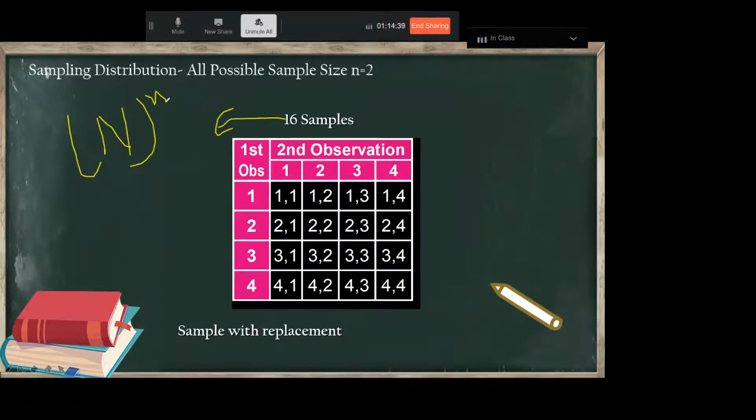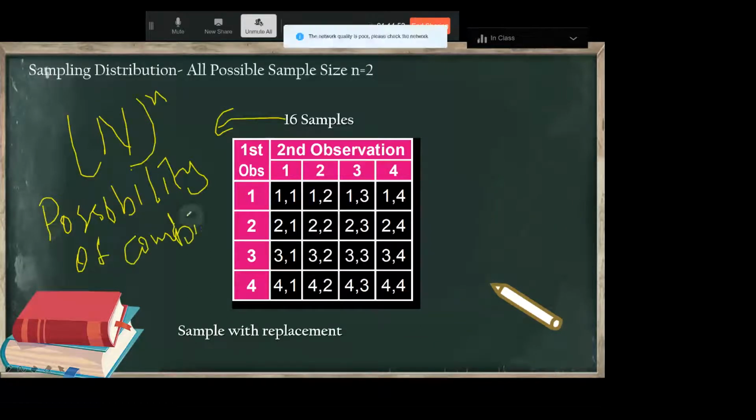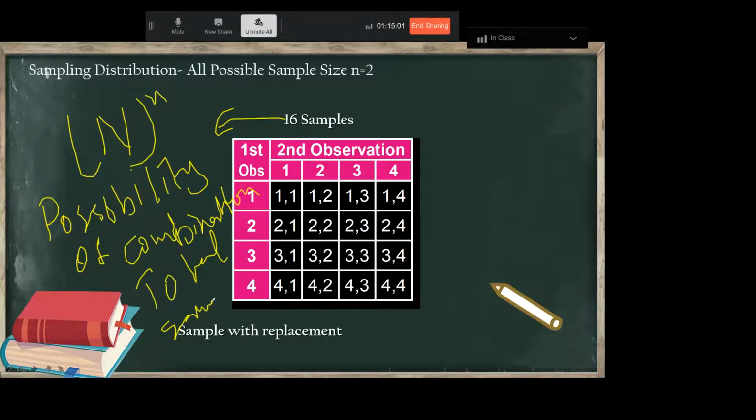This is the possibility of combinations, which means total samples with sample size n equal to 2.